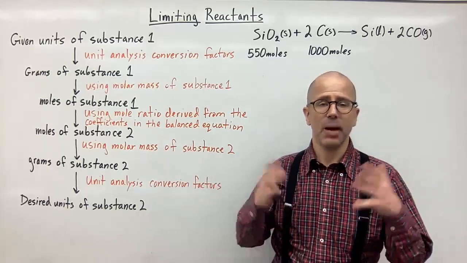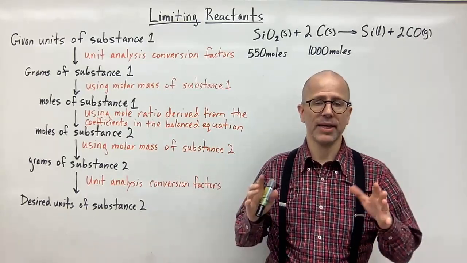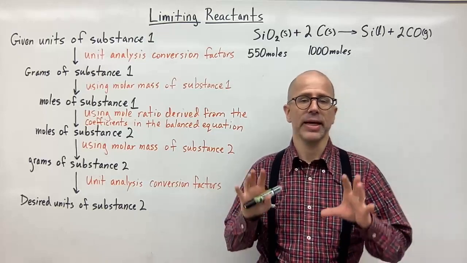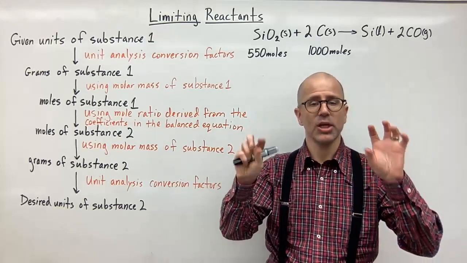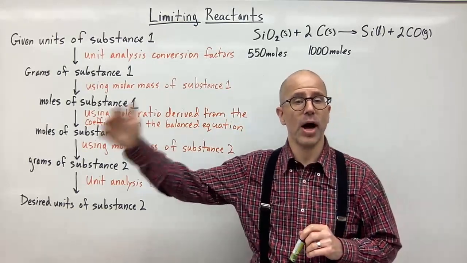There's a couple of ways you could figure out what the limiting reagent is, but I think the most straightforward way is to just take the amounts of both of your reactants and convert them to product.